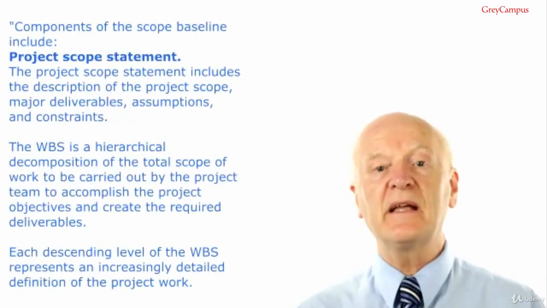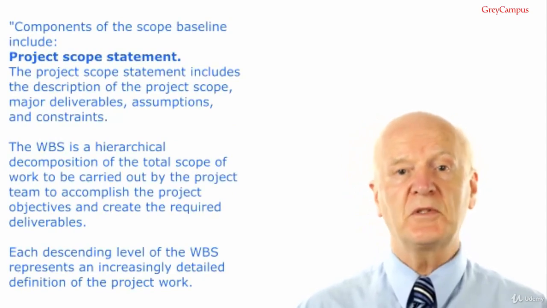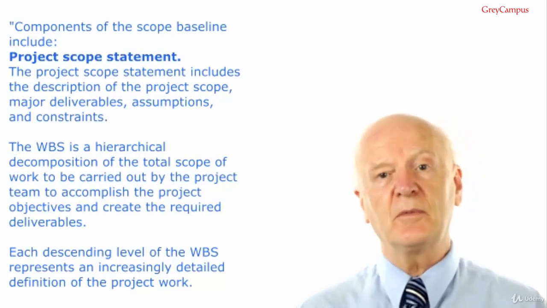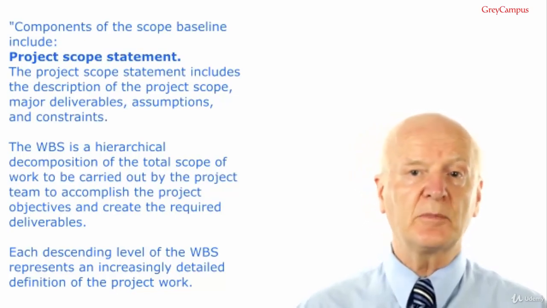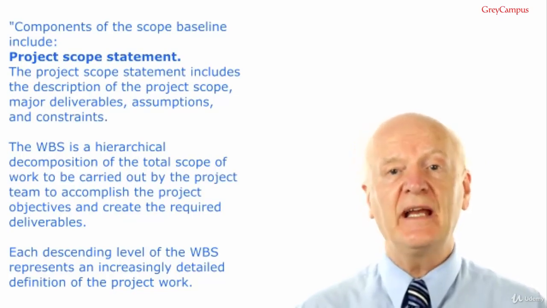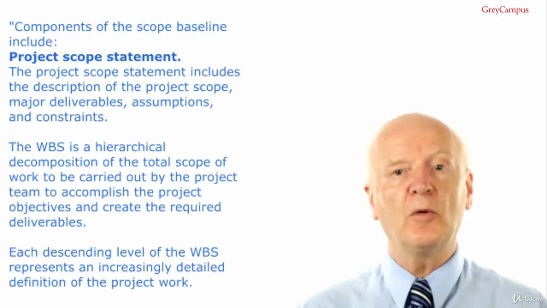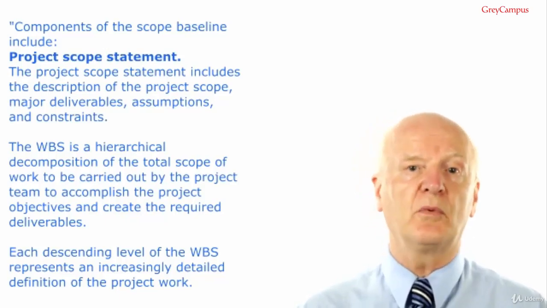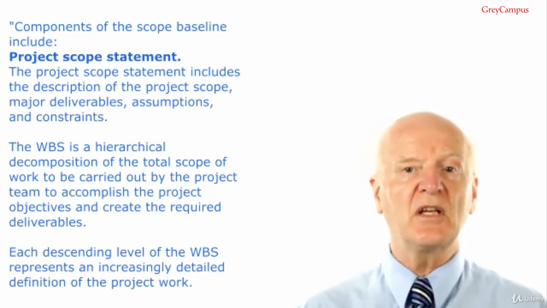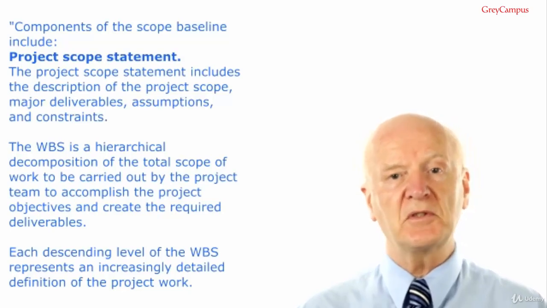Components of the scope baseline include project scope statement. The project scope statement includes the description of the project scope, major deliverables, assumptions and constraints. The work breakdown structure is a hierarchical decomposition of the total scope of the work to be carried out by the project team to accomplish the project objectives and create the required deliverables.